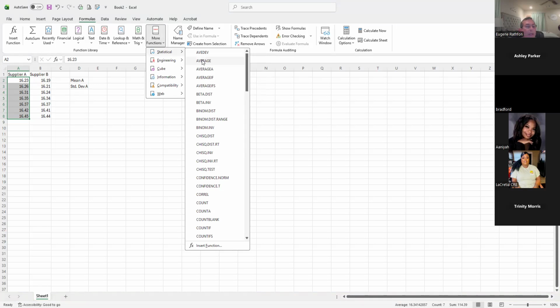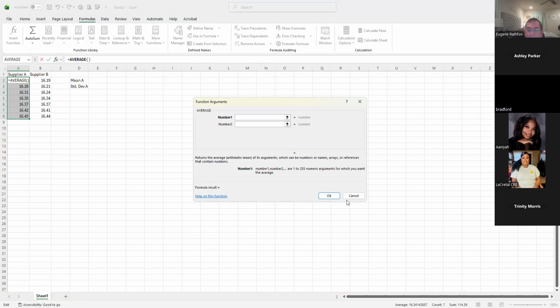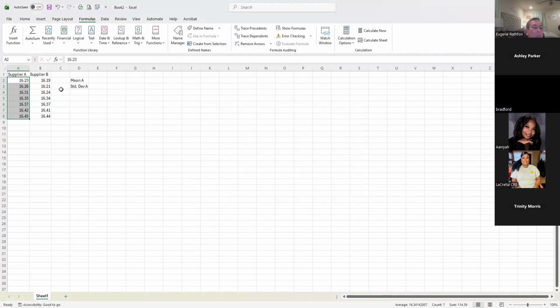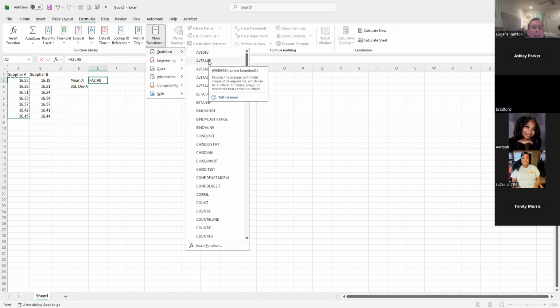So I'm going to click average. Whoops, y'all, I didn't highlight something yet. Let me go back. Okay, so by mean A, I'm going to highlight that box. And I'm going to say equals here. Now let me highlight my column and go to more functions, statistical, and get that average.